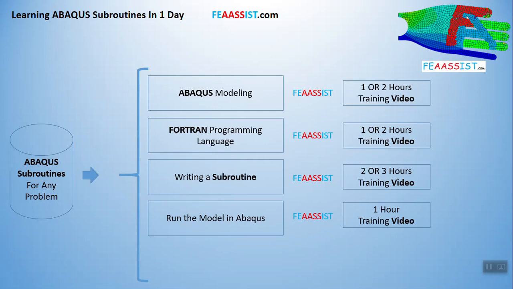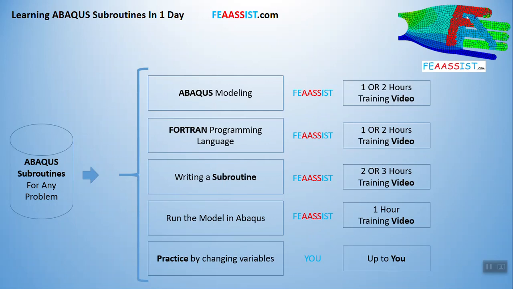After that, you need to run the model in Abacus and do post-processing and analyze your results. And it will be about a 1 hour training video to teach you how you can get your results from a model in Abacus. And after that, you need to practice by changing variables.